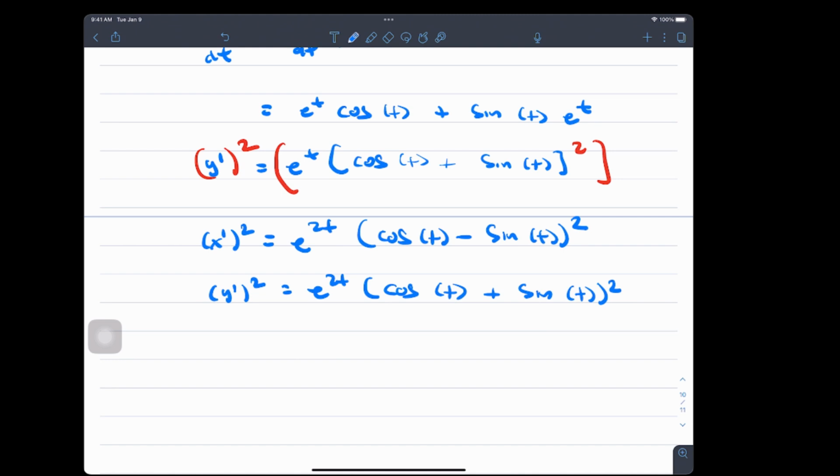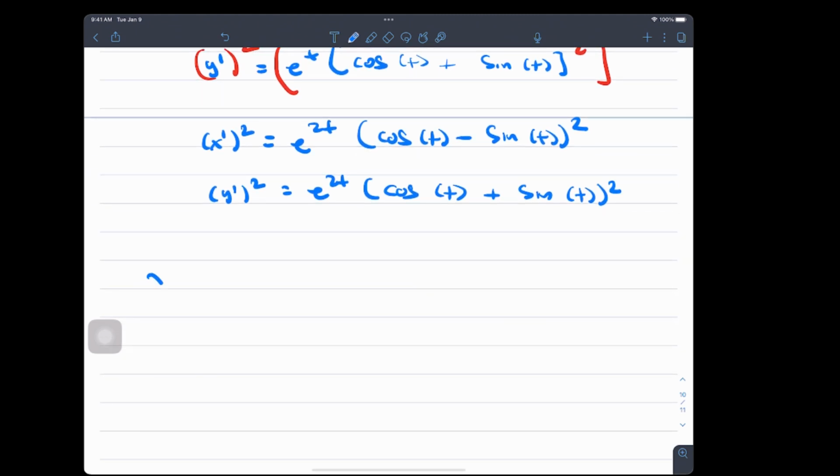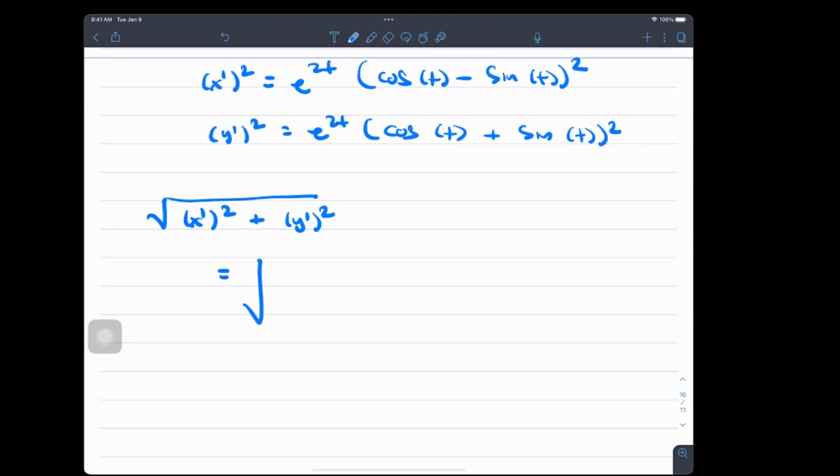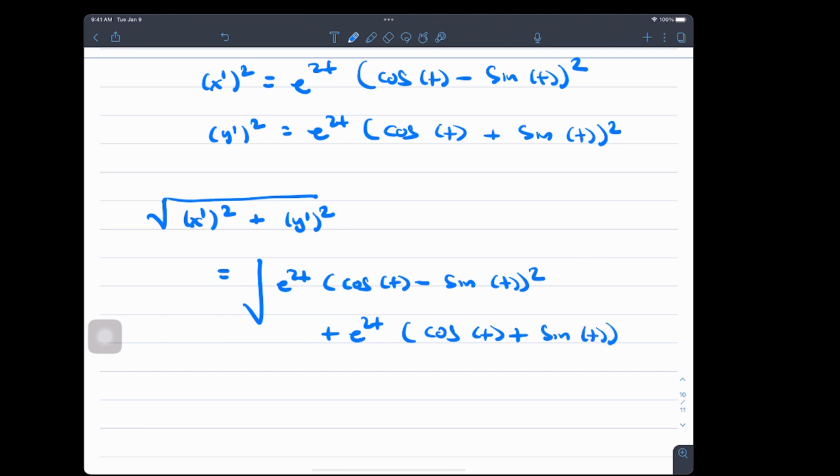Now, don't forget, you're taking the square root of x prime squared plus y prime squared. And then now that's going to be the square root of e to the 2t, cosine t minus sine t squared plus e to the 2t, cosine t plus sine t squared.